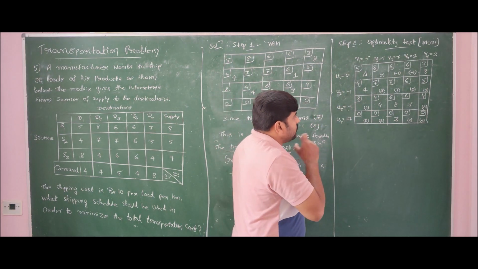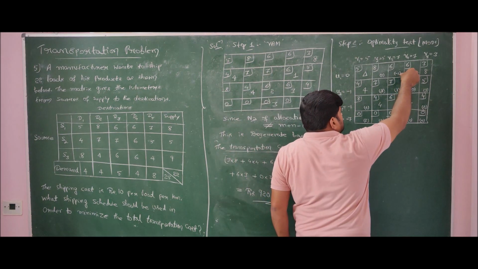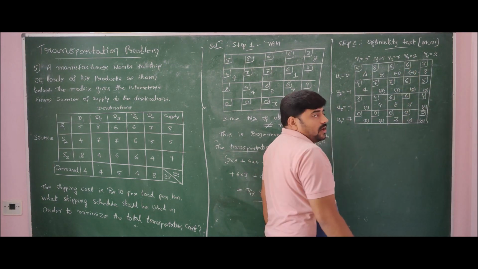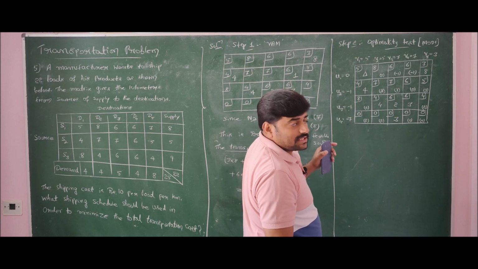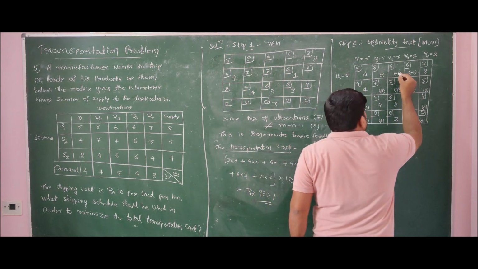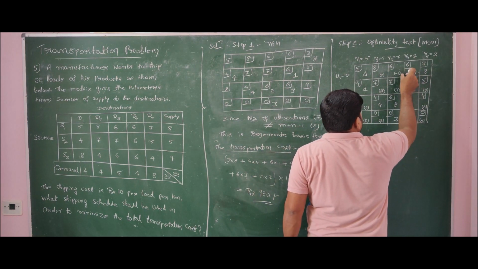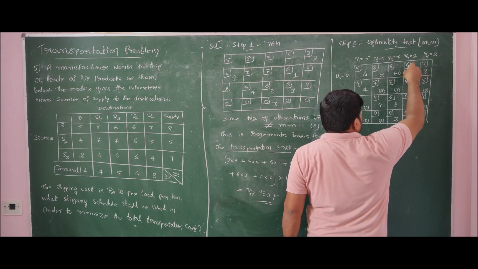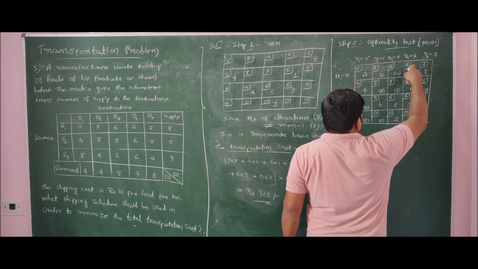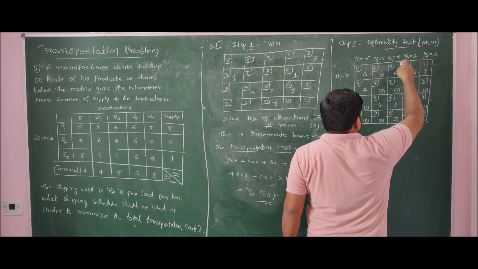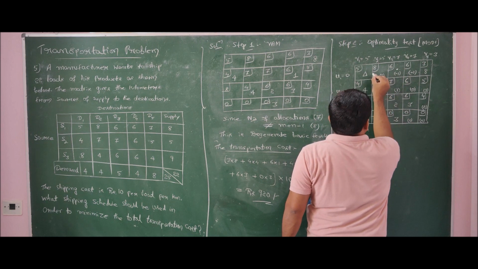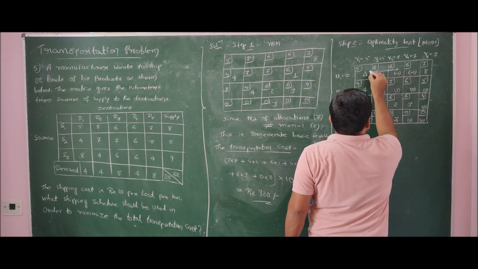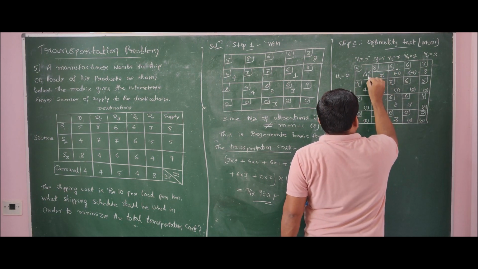Now if you carefully observe, we have the negative penalty in these two. So therefore there is an optimum solution for this. So therefore I should start from here and form a loop. I should start from any one of these two and form a loop. So what I will do, I'll go with this one and form a loop. I'll start here, I have allocation here, I'll go like this, then I'll come down.